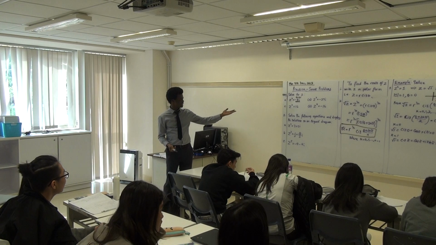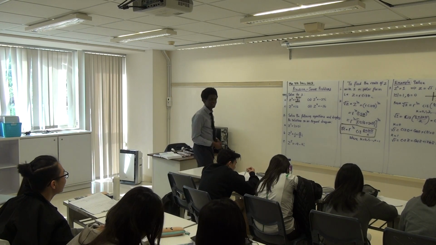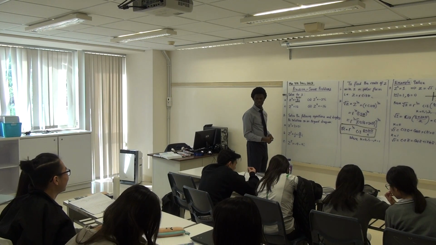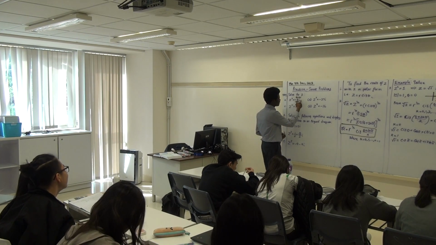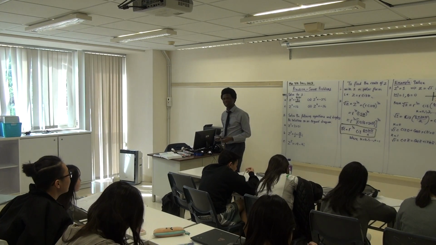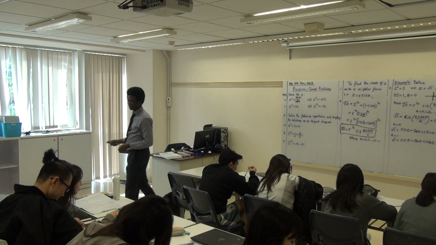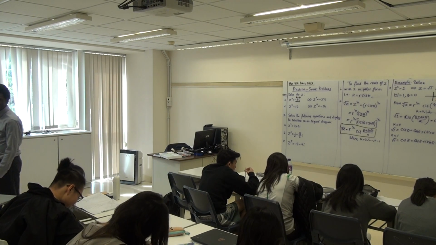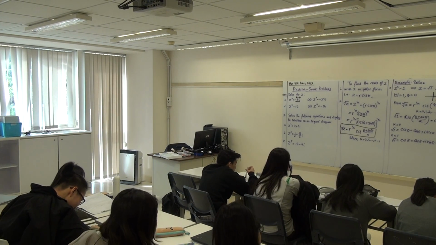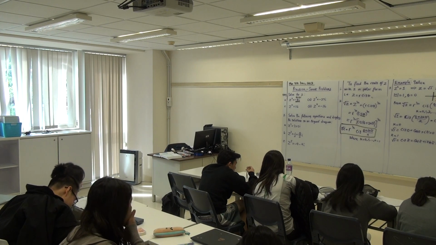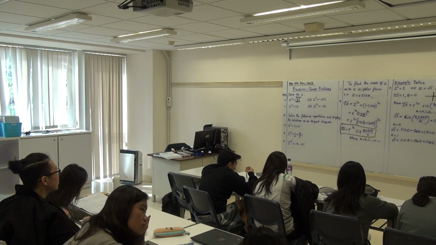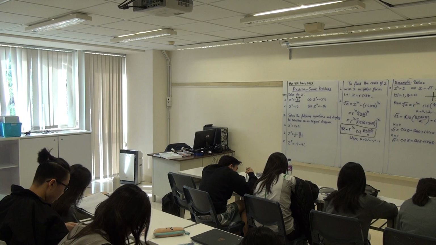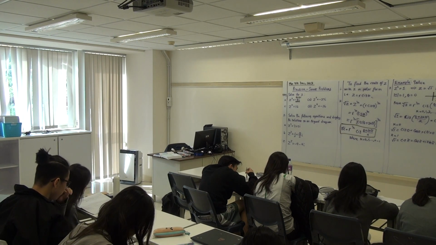This is pure imaginary. So a is 0, b is negative 8. That's just the square root of 64. So that's 8.